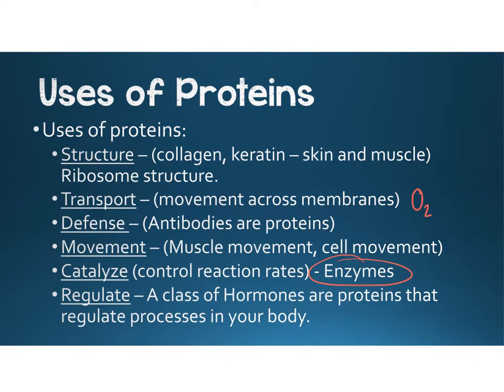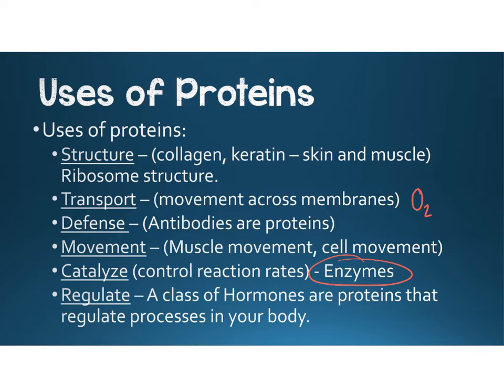But enzymes are super important because your body wants to be as efficient as it possibly can be. Enzymes allow these processes in your body to happen without a large amount of energy input. So enzymes are proteins that are involved in pretty much every chemical reaction that takes place inside your body.